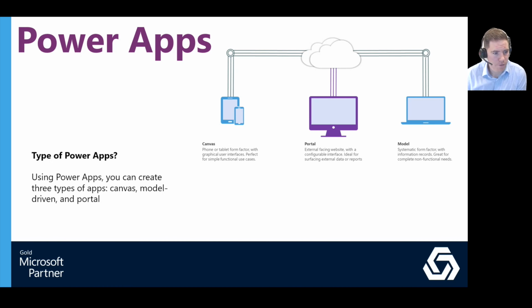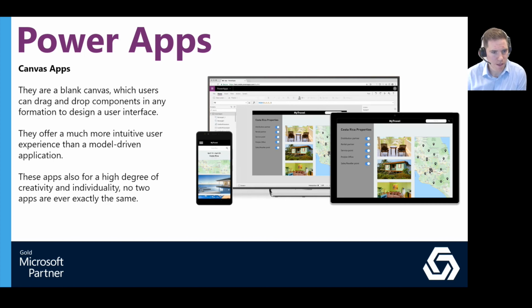So the next few slides are just going into a deeper dive really on the technology, the different types of apps. So Canvas apps, you can see here, is much more intuitive. Because it's a Canvas app, myself included, often think it's just for mobile phone, but it's not. It can be used on a tablet and it can be used on a PC. It's just more designed for mobile and tablet interfaces.